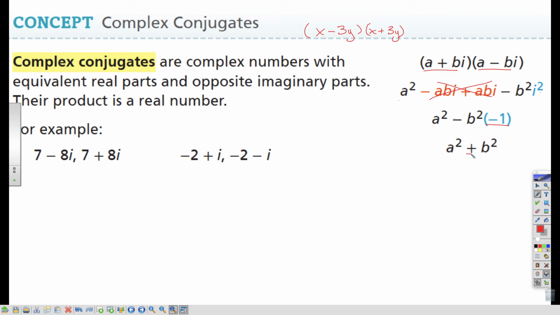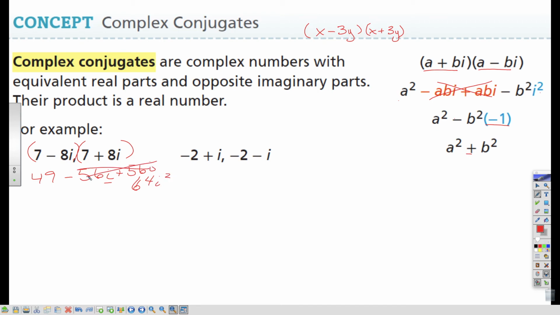So I have 7 minus 8i and 7 plus 8i. Are they conjugates of each other? Yes. So when I FOIL them out, 49 minus 56i plus 56i, and I'm going uphill, plus 64, minus 64 i squared. Okay, so I have that, yes?